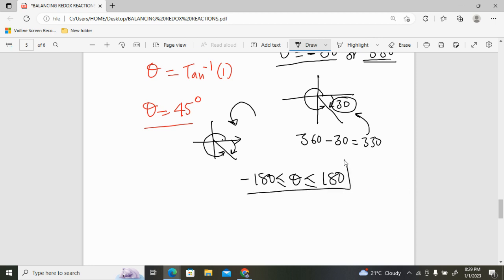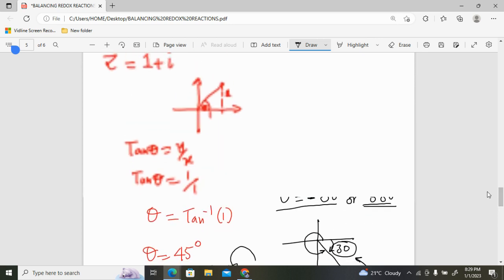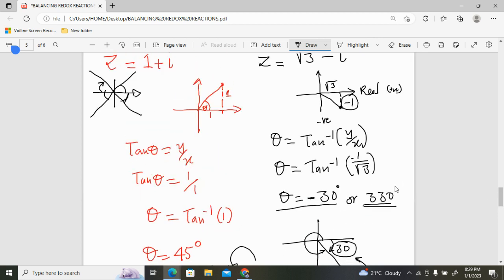So when you are giving the final answer, instead of giving 330 degrees, give negative 30, because you only want to give numbers between negative 180 and positive 180. 330 is outside. So instead of writing this form, you write this form. It is all the same answer. It is just the preferable form that the examiner is asking for.